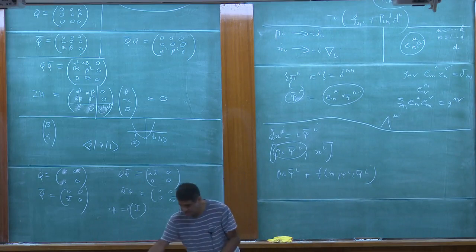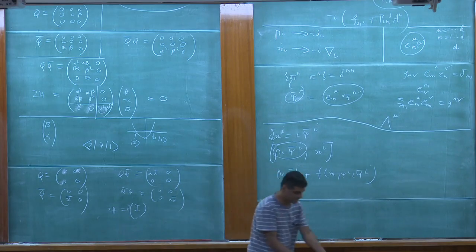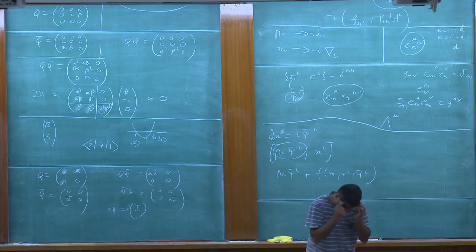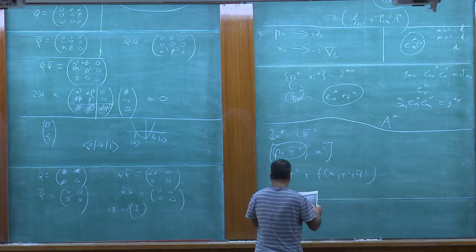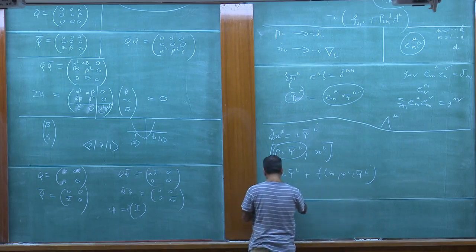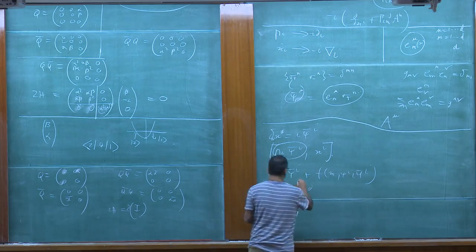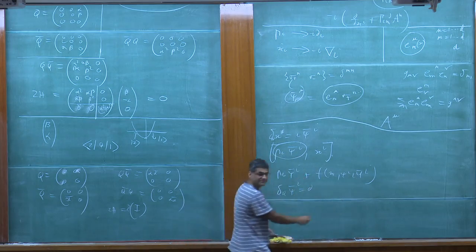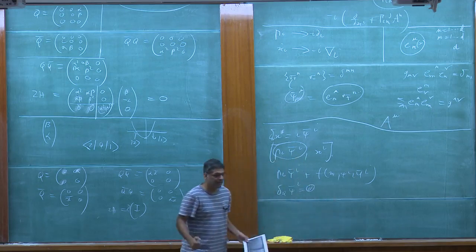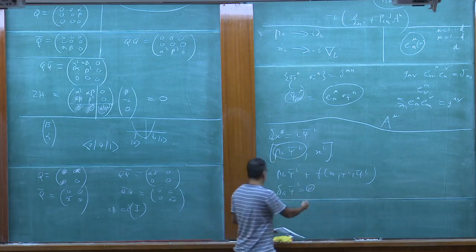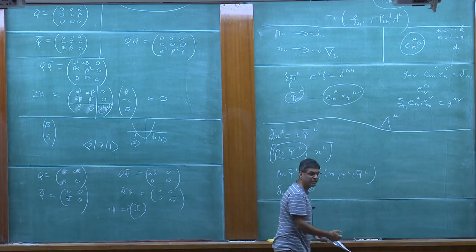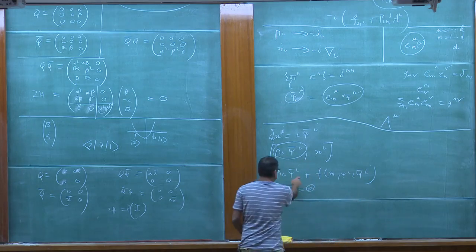Okay, so let me remind you of the other commutators. We had delta theta of psi bar is equal to 0. This tells us that our function, whatever it is, should have no psi. This had no psi, so that's good.